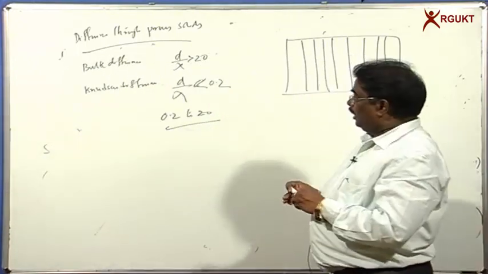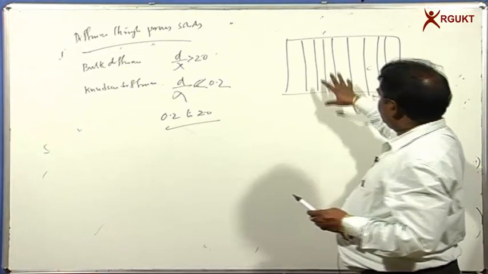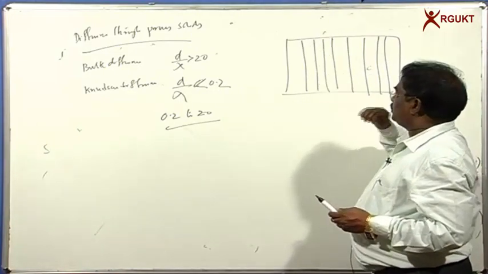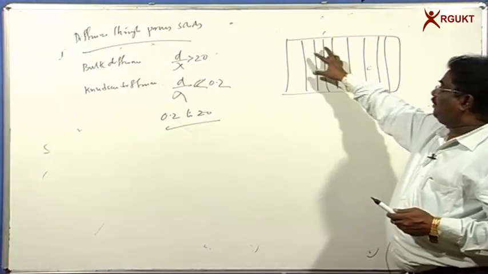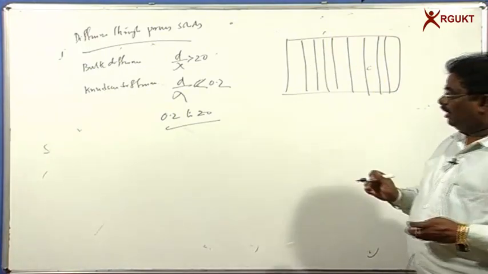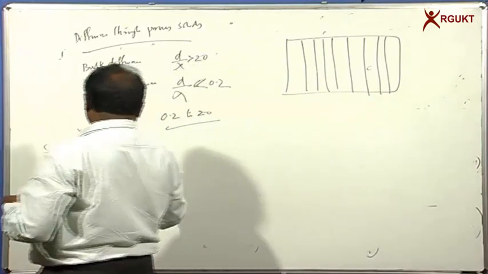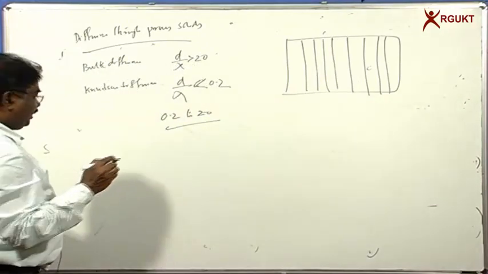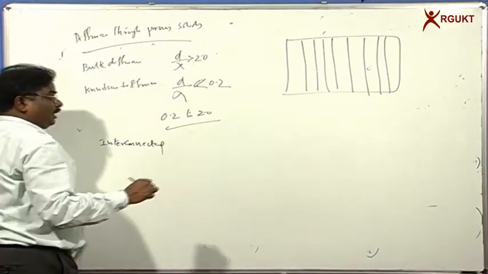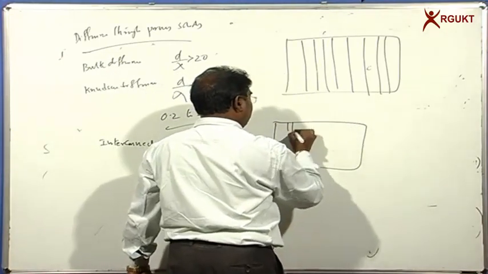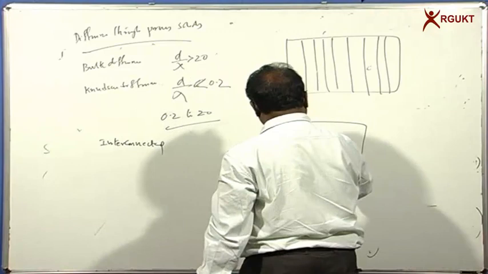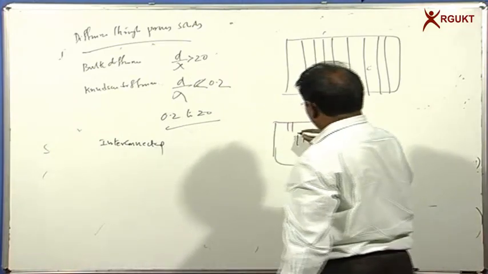Sometimes what will happen, these are straight cylindrical pores, but sometimes the pores may not be straight and cylindrical. The pores may be zigzag pores. We can have three sorts of classifications, and one we call interconnected pores. If you see, I have a matrix here, I have a pore here, and another pore here.